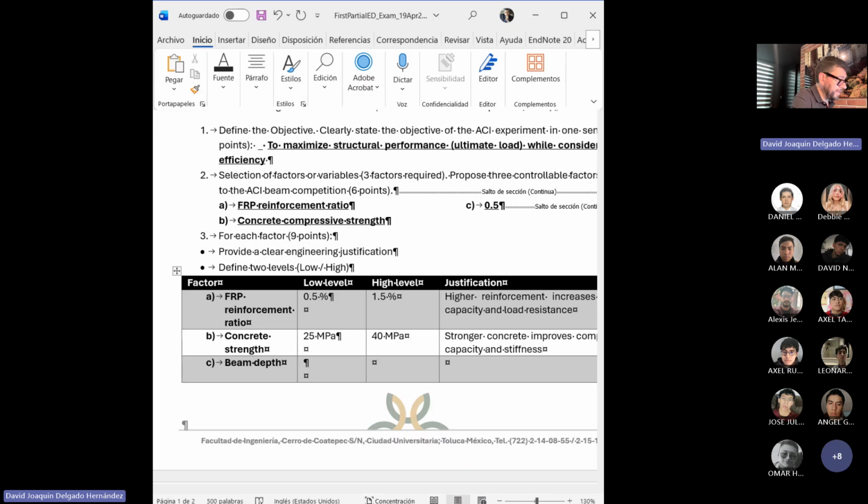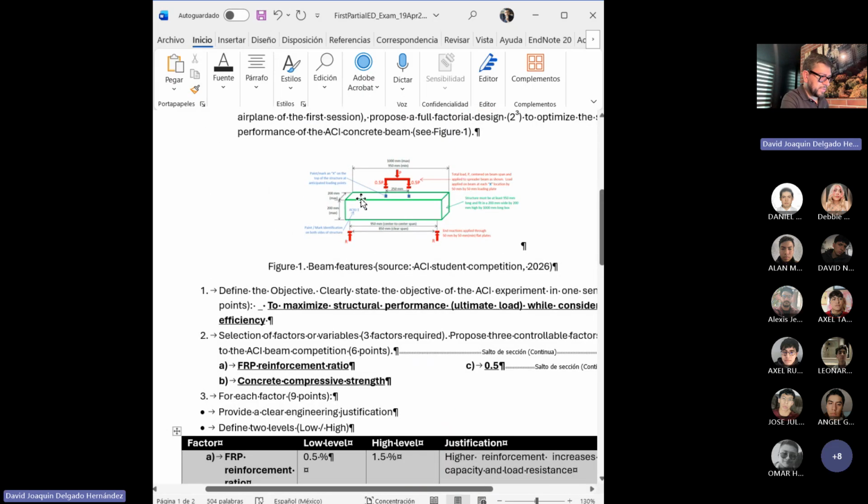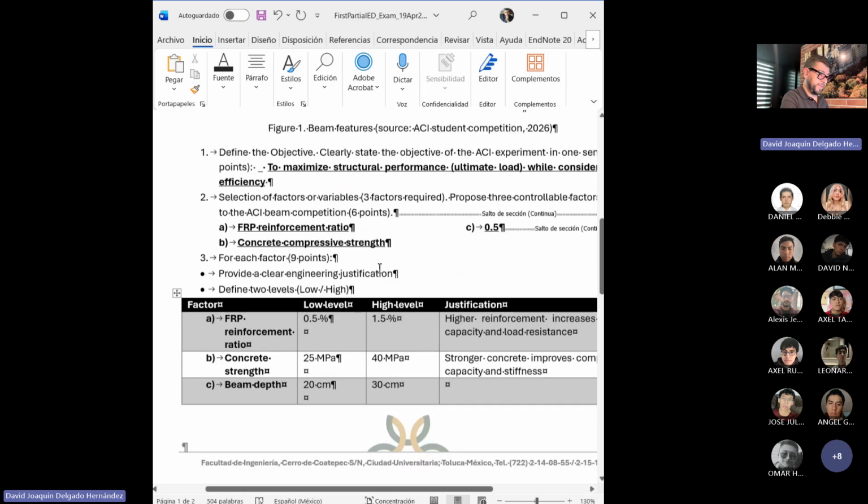Okay, and finally, in the third variable or factor, which is related to the beam depth, you could use, for instance, 20 centimeters in the low level and you could use, let's say, 30 centimeters in the high level. Okay, that you could play with these dimensions, as you could see here in this figure. You could play with the geometry of the beam.